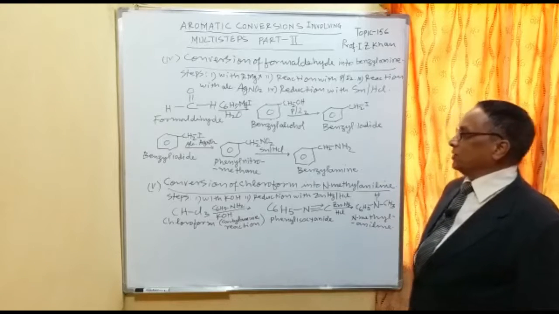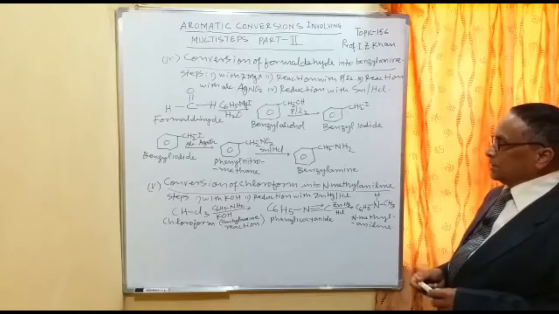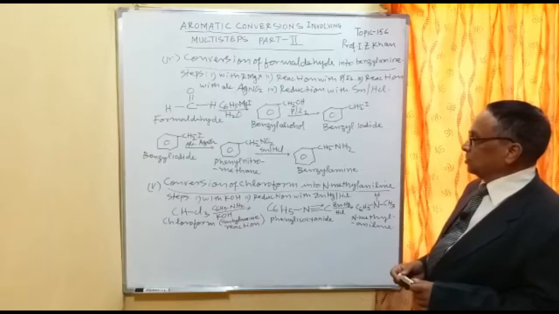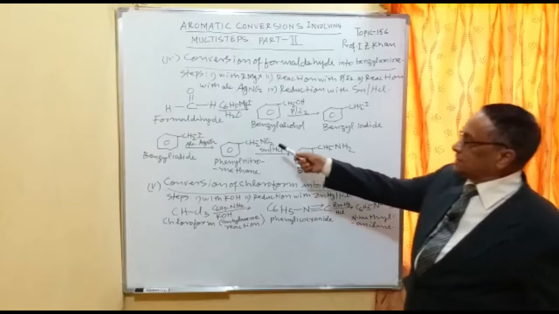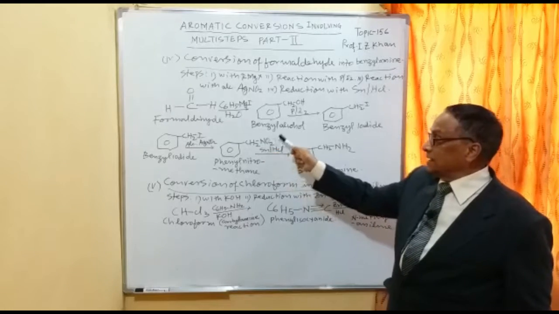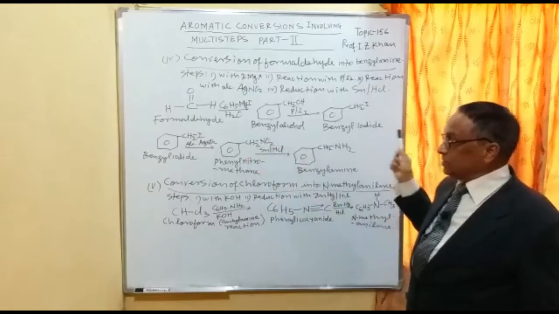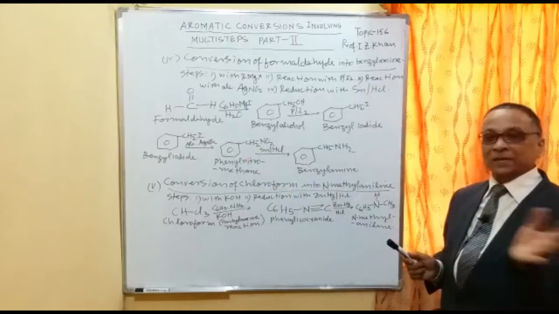And this benzyl iodide is treated with alcoholic AgNO2. It is converted into phenyl nitromethane, because the nitro group is attached to the methyl group CH2. That's why it is called phenyl. This is your benzene ring, called phenyl, and if anything is attached on the side chain, it will be given that name.